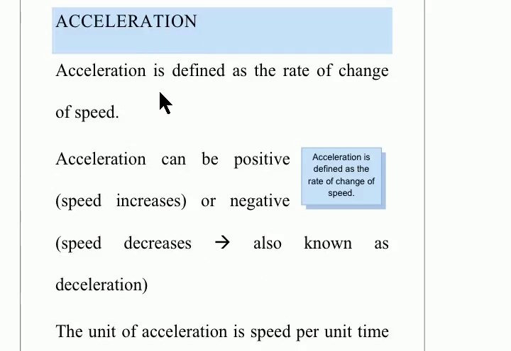Let us look at the final concept of acceleration. Acceleration is essentially defined as the rate of change of speed. Acceleration can be positive when the speed is increasing or negative when the speed is decreasing, and the unit of acceleration is speed per unit time square.